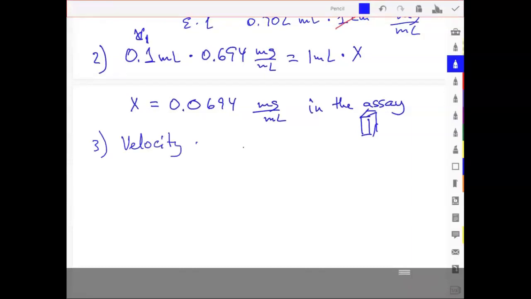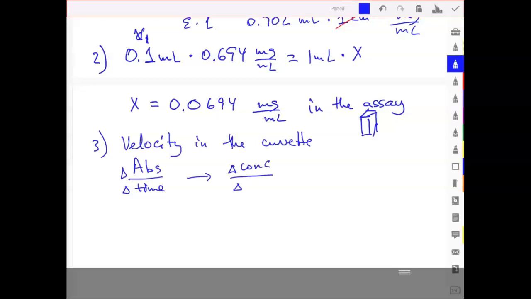We're still relying on Beer's law to convert the velocity that we measured, which is the slope we got from the spectrophotometer, delta absorbance over delta T. We want to convert to delta concentration over delta T. And the concentration here, notice, is not the protein, it's the concentration of PNP minus, right?